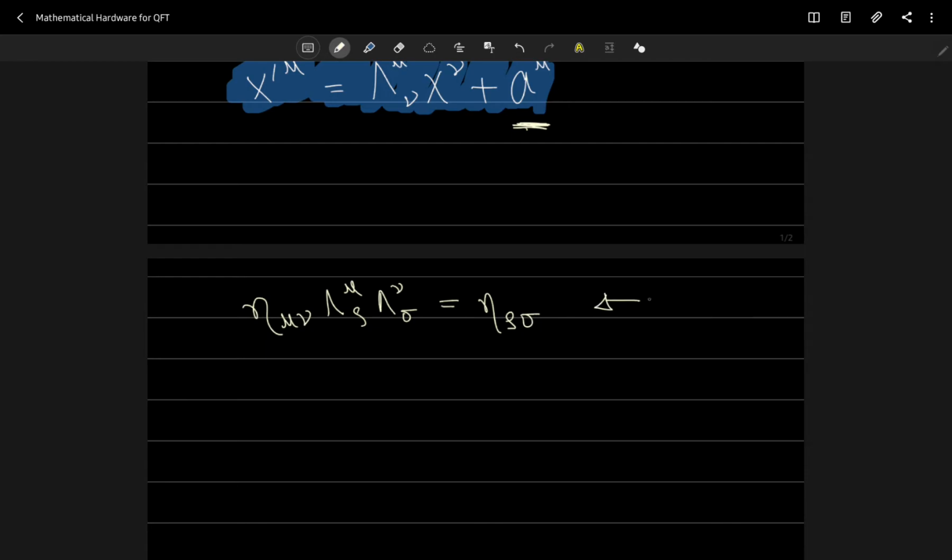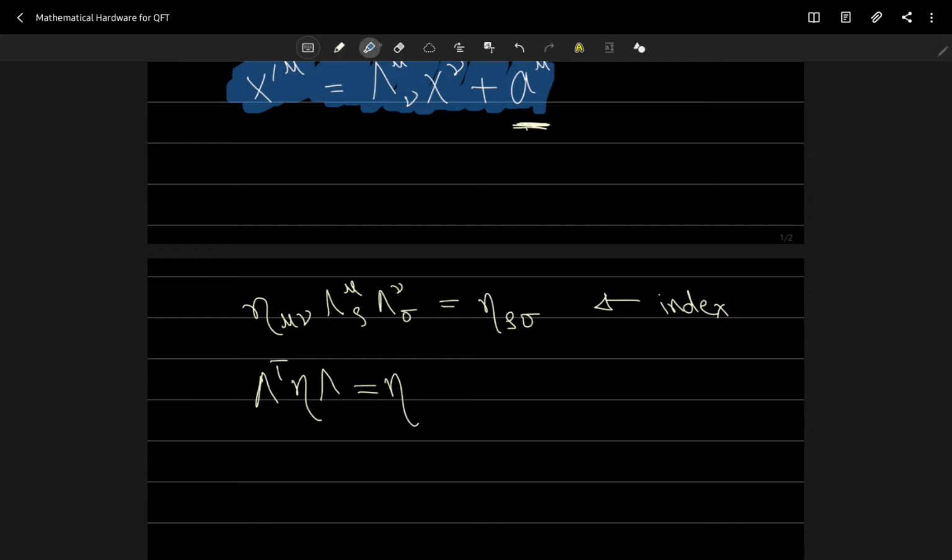Now let me write it in matrix notation, and it might seem familiar to some of you. The Lorentz transformation must satisfy the condition lambda transpose eta lambda, so eta is sandwiched between the transpose of the lambda matrix and the lambda matrix, which is equal to eta.